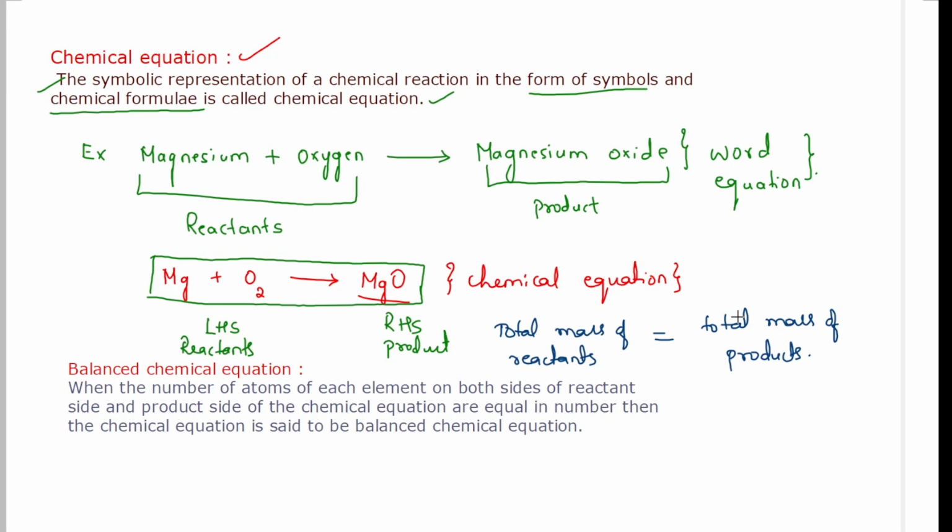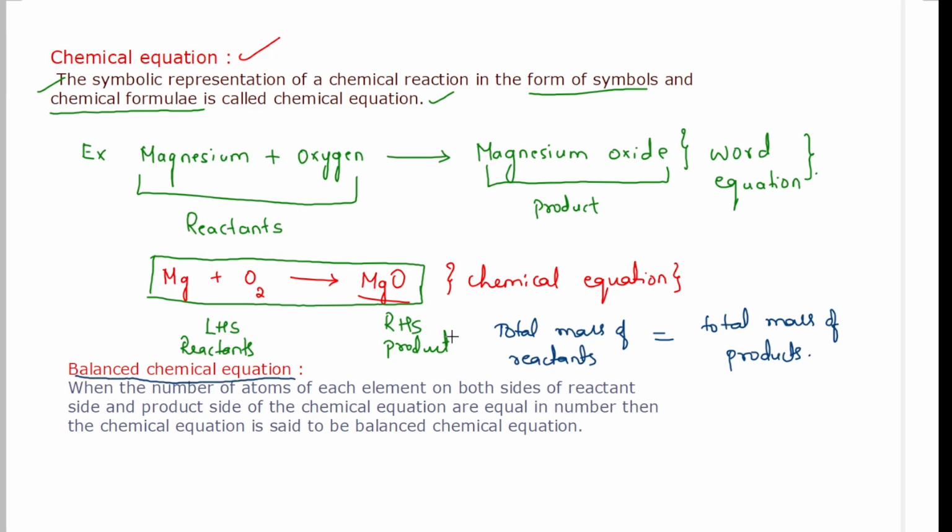They undergo transformation actually. Because of that, we will say that mass can neither be created nor be destroyed. Then what can we do here? We should get the same number of atoms of each element on RHS and LHS. That is what we call that equation as balanced chemical equation.